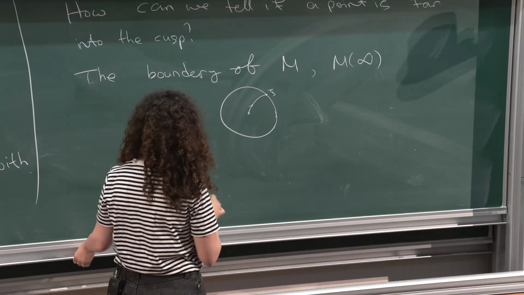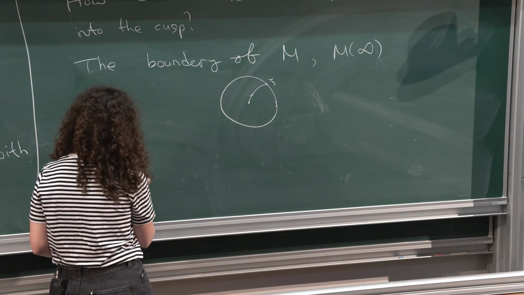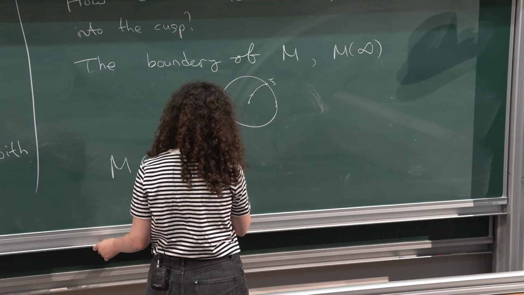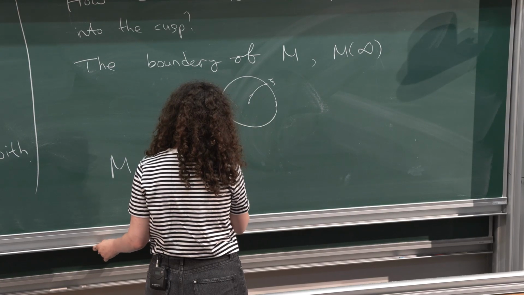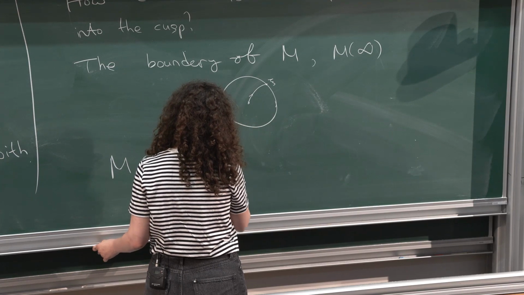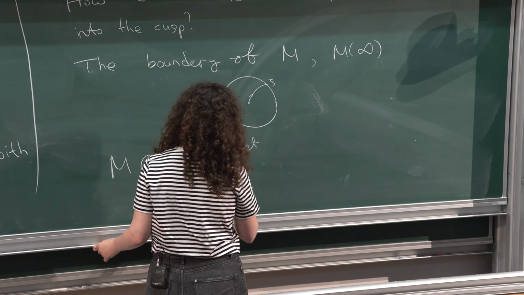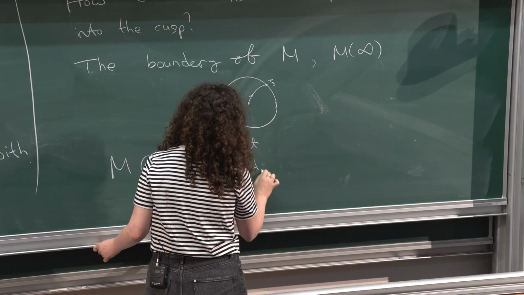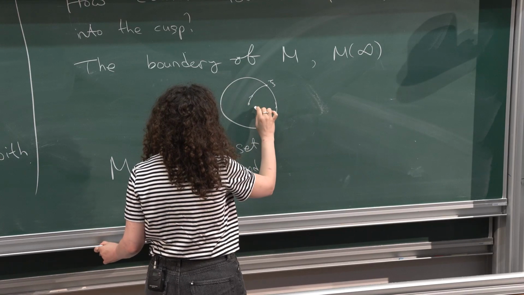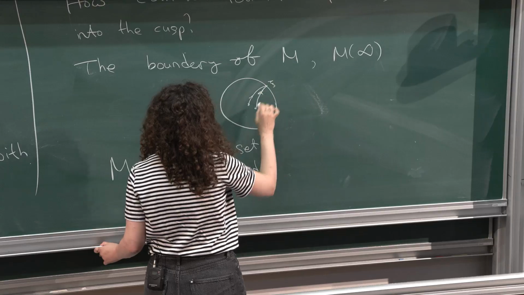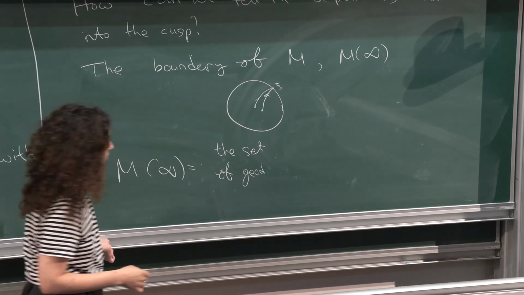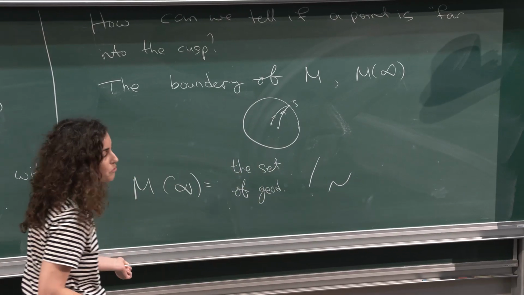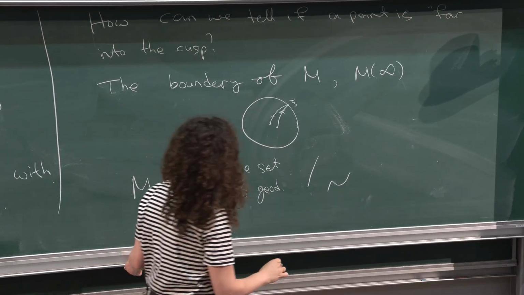Okay, so we want to say that M infinity is the set of geodesics, but we want to be able to say that two different geodesics are going to the same point. So we want to say that two geodesics are equivalent.